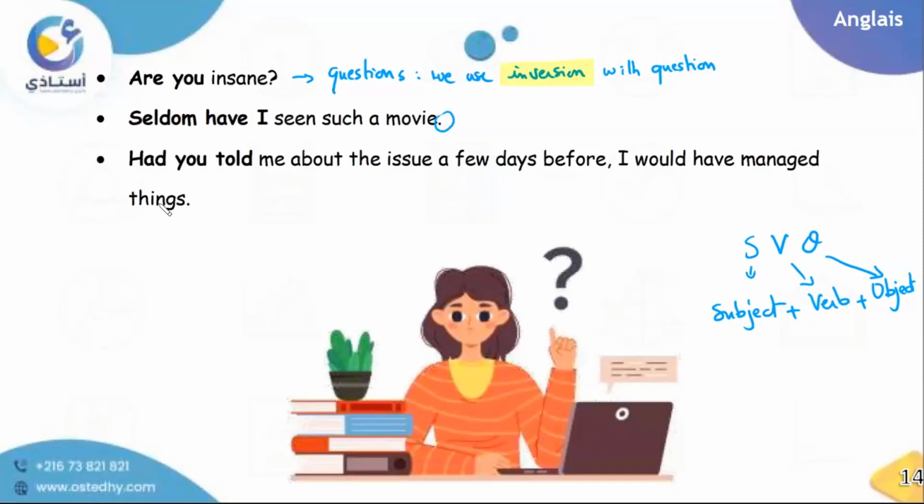Why did we start with a verb instead of starting with a subject? This is inversion. It's when we change the order of the words. Instead of starting with the subject, we start with a verb plus the subject, and then the object doesn't change. Okay? This is inversion.